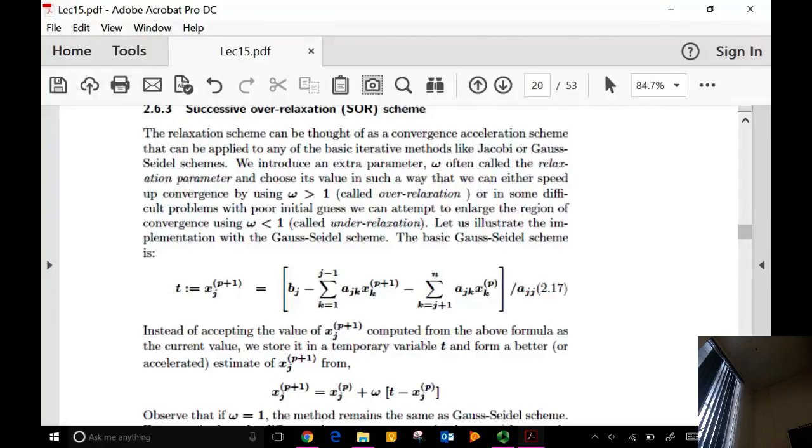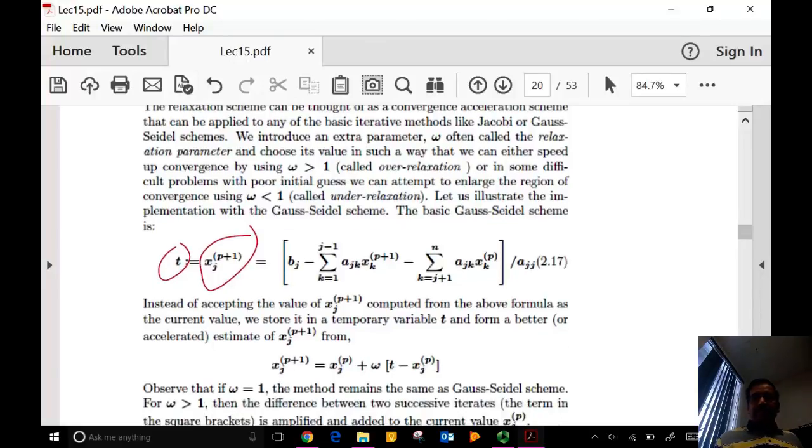It could be the Jacobi method, it could be the Gauss-Seidel method, whatever. So using some method, but don't accept it as the actual value. Assign it as a temporary projection of the value for xj, and then relax it. The relaxation idea is given by this.